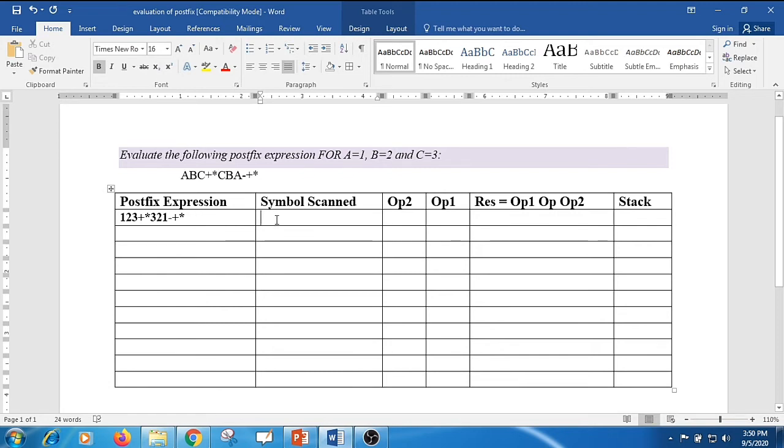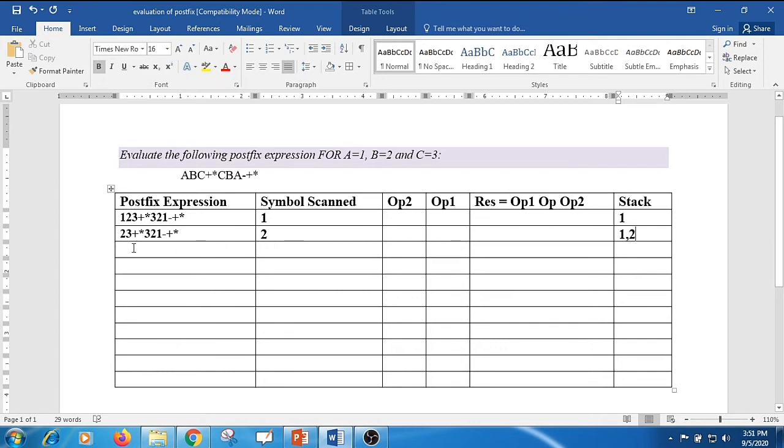Initially I start from 1. When the symbol scanned is 1, I directly put it onto the stack. Next I scan 2, and put it onto the stack, so the stack has 1 and 2.